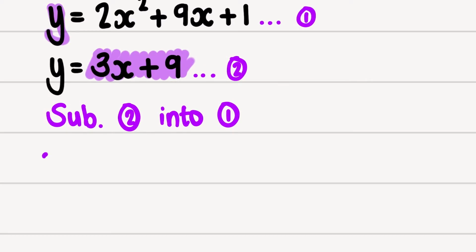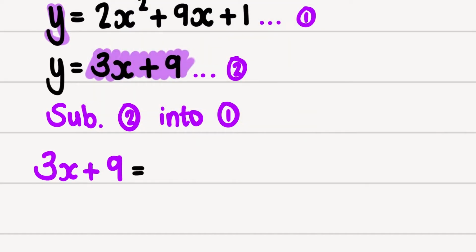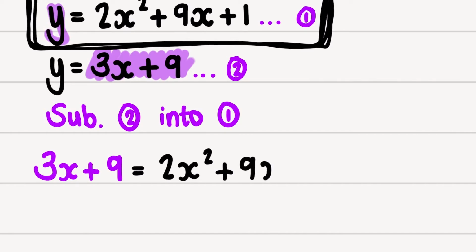So I'm going to have 3x plus 9 equal to, and I'm going to carry on because I'm substituting into the first equation, which is 2x squared plus 9x plus 1.